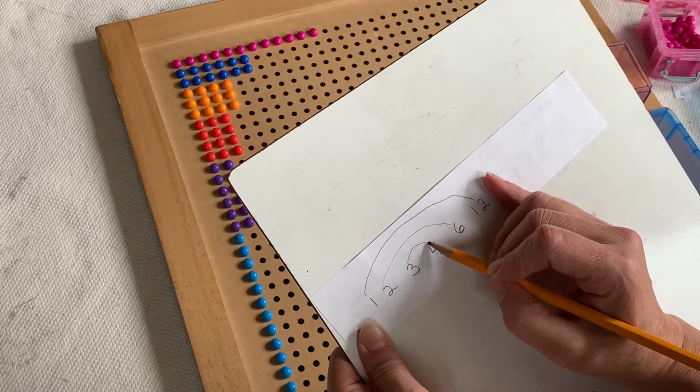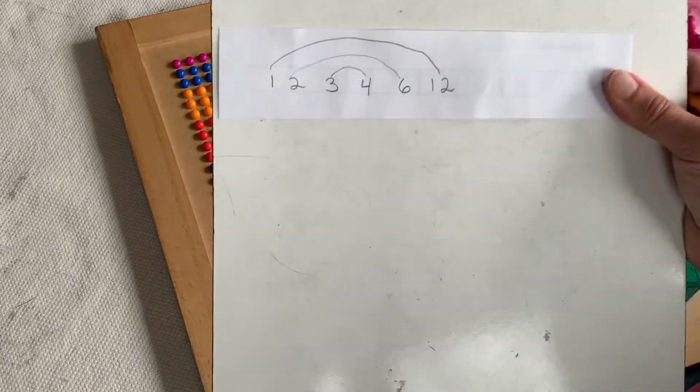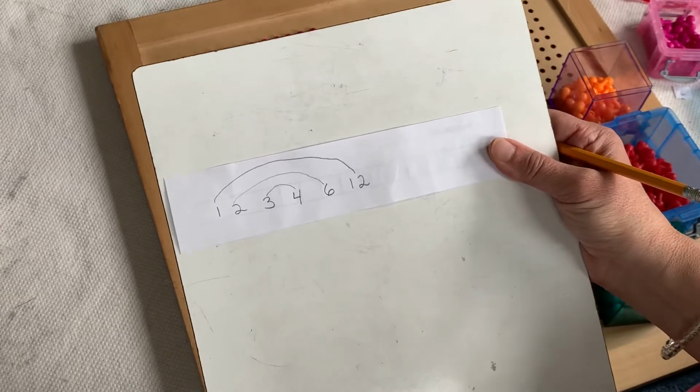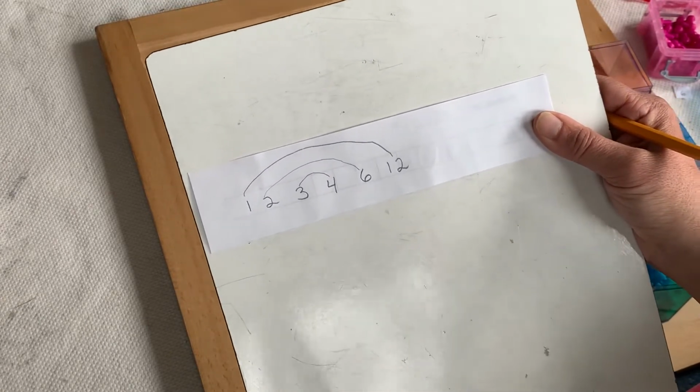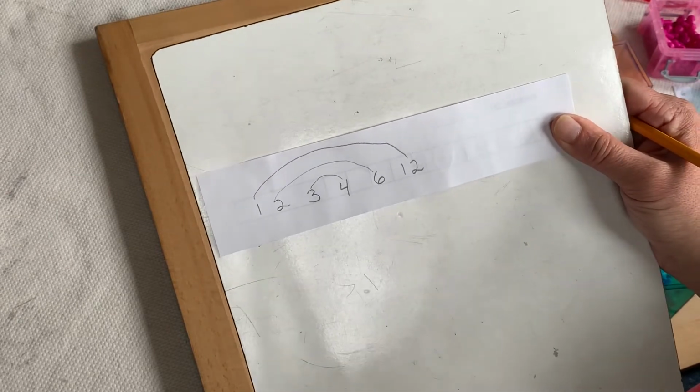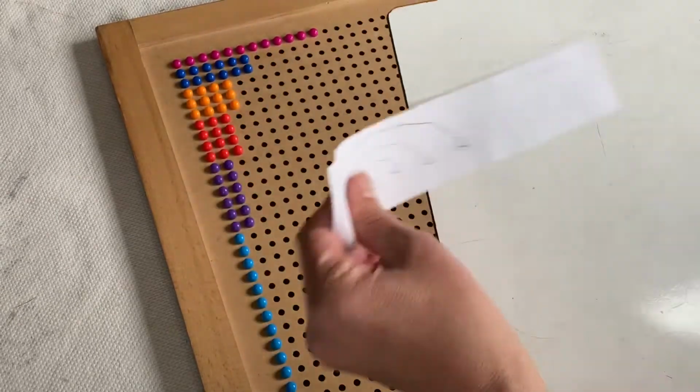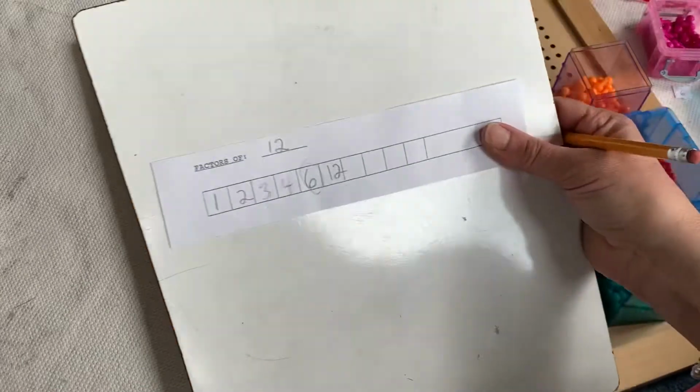And 3 times 4 makes 12. Those are the factors of 12. They make up the number 12. That's how you find factors.